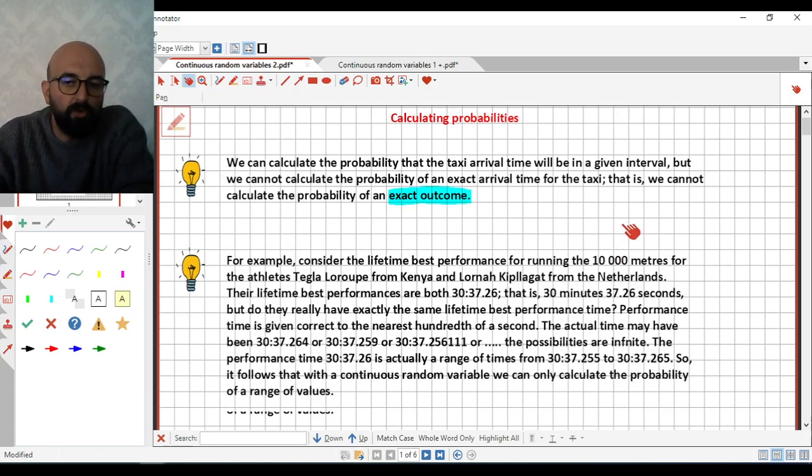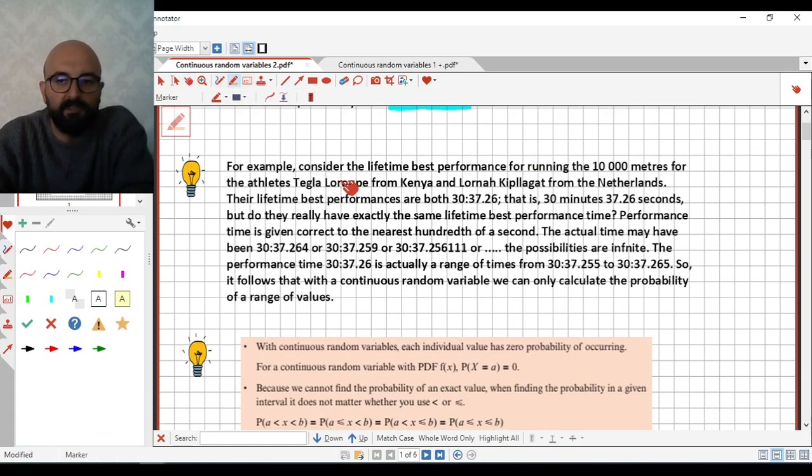For example, consider that we have two runners. The first one is Tegla from Kenya, and the second is Lorna from Holland, or the Netherlands.